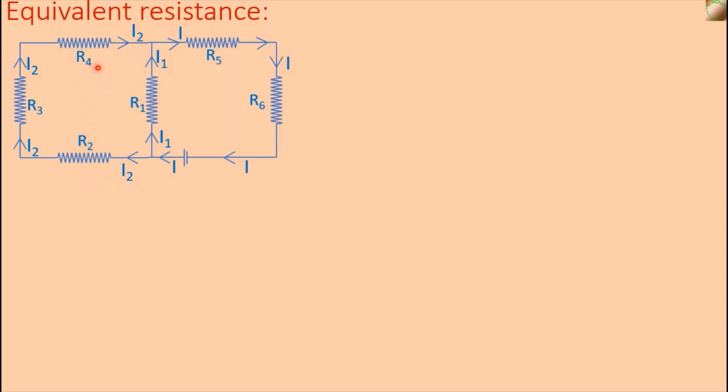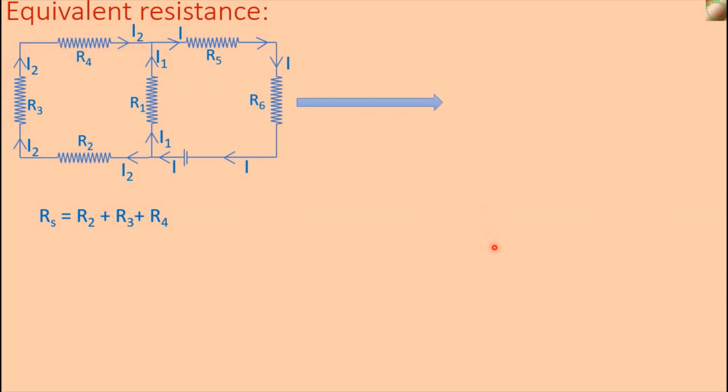Therefore the equivalent resistance of these three resistances will be Rs is equal to R2 plus R3 plus R4, because these three resistances are connected in series, as the same current I2 is flowing through them.